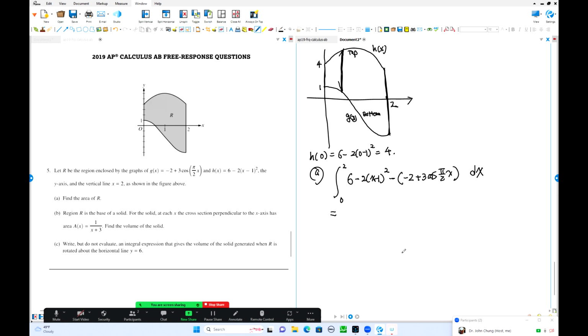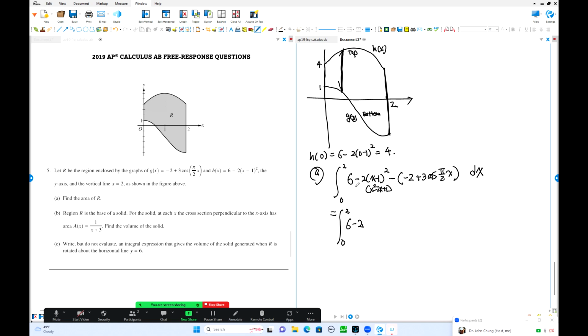But this will be okay, right? We can take the integral, definitely. First, we can separate. Expand this one, it doesn't matter. I'm going to expand this one, that's better. 6 minus 2 times, inside this one is x squared minus 2x plus 1. Are you okay with this?